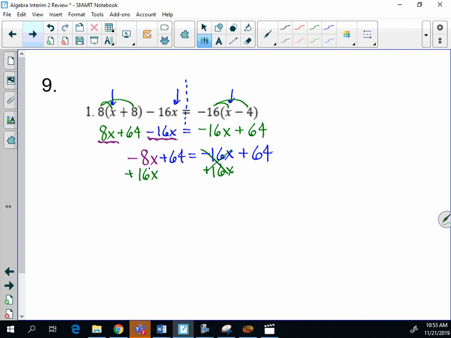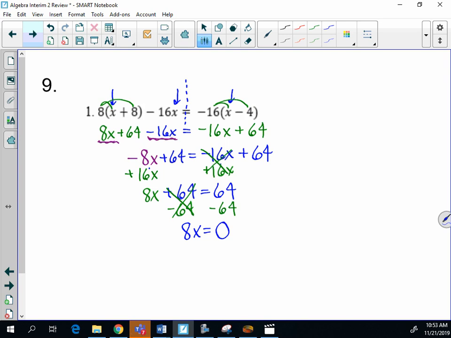That becomes 0 on the right, and this becomes 8x on the left. And I have plus 64 equals 64. Then I want to move or cancel my 64, so let's subtract from both sides. That cancels to 0 on the left, and I have 8x on the left and 0 on the right.